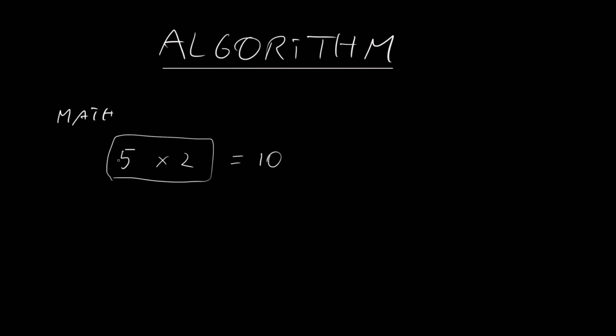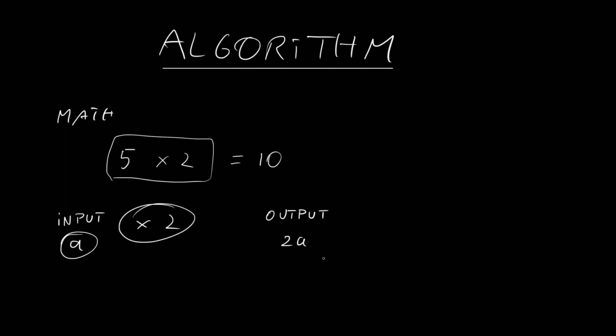And let's generalize this a little bit more. We could say that our algorithm is to multiply some input, which we're just going to call A, to multiply the input times 2. And then the output will be whatever number is here times 2. So we could also say the output is 2A.